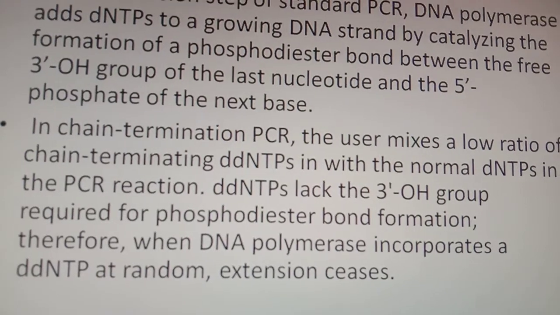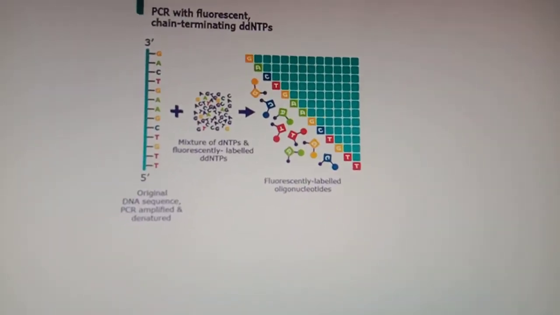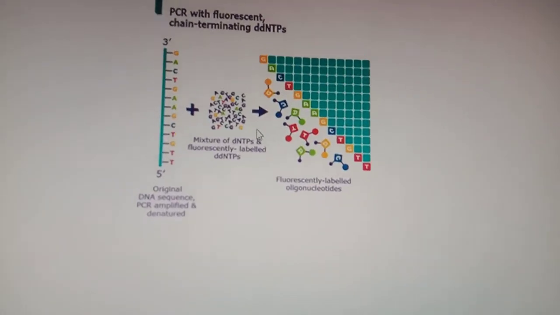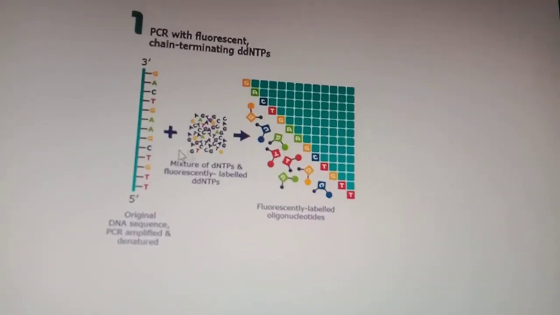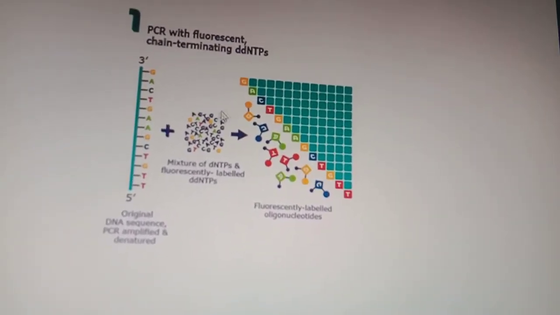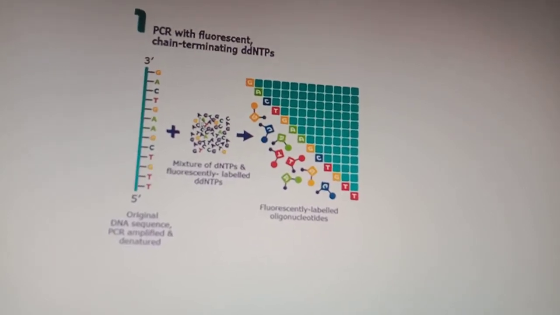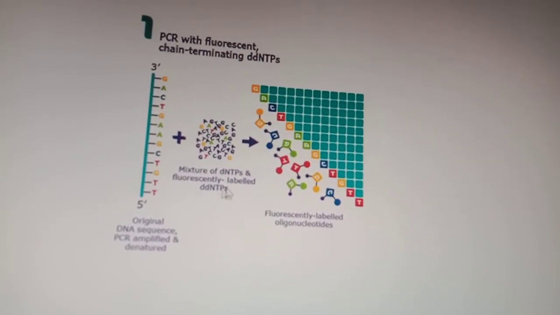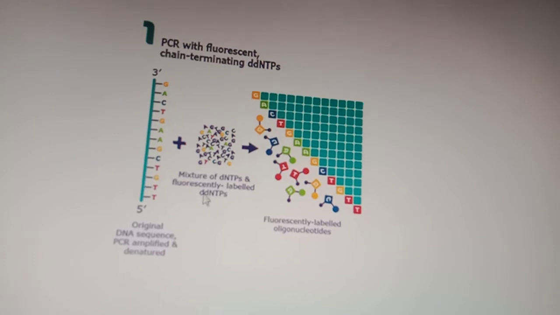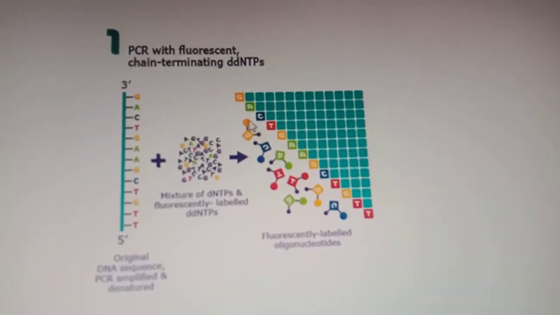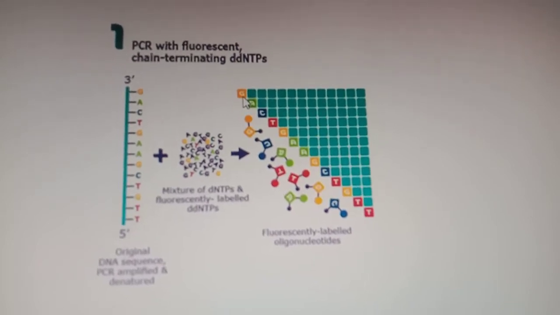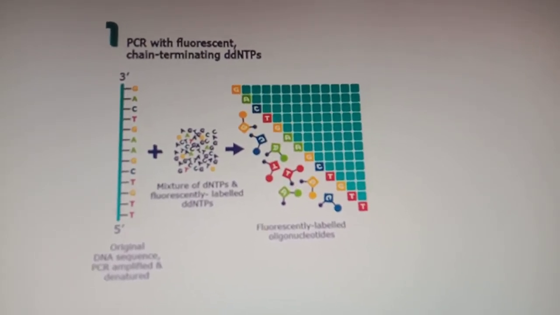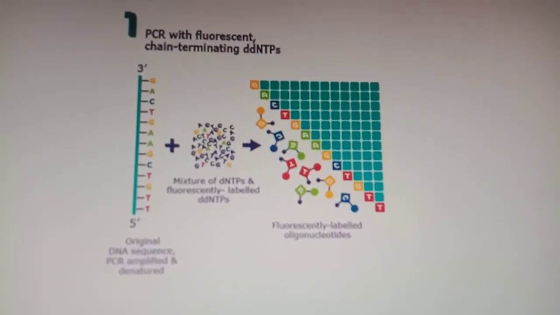As it extends, the ddNTPs are labeled with a fluorescent probe. When we add to the PCR, we add the dNTPs as well as a mixture of fluorescently labeled ddNTPs. Once a ddNTP is incorporated, it can't incorporate a new dNTP.